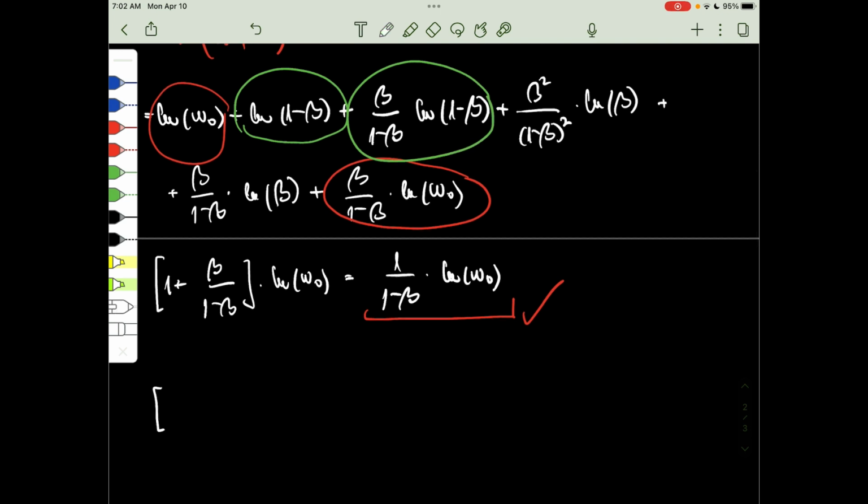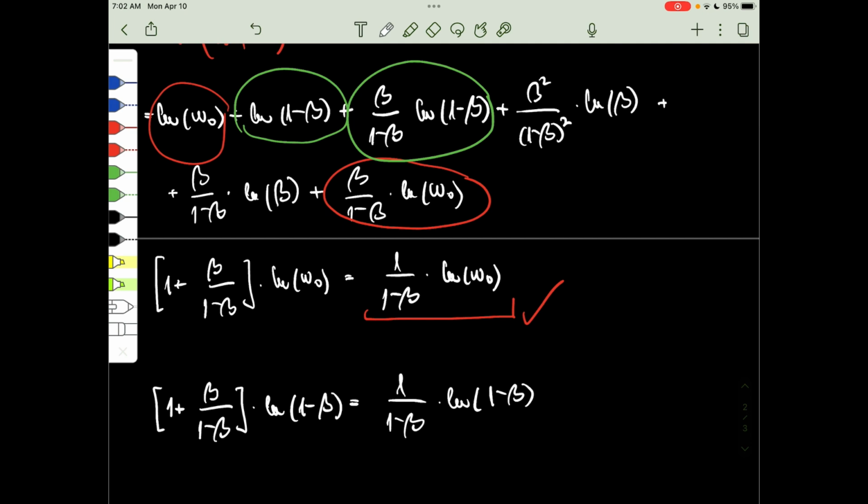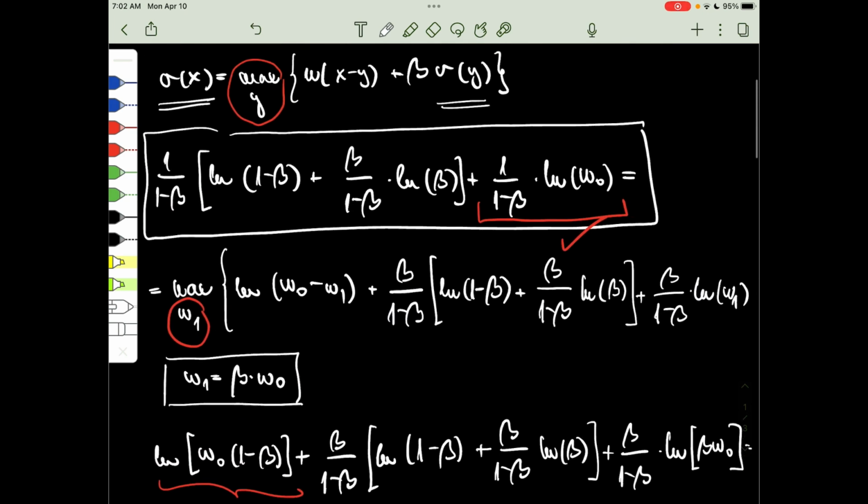It's very similar. One over 1 minus beta, and let me check.